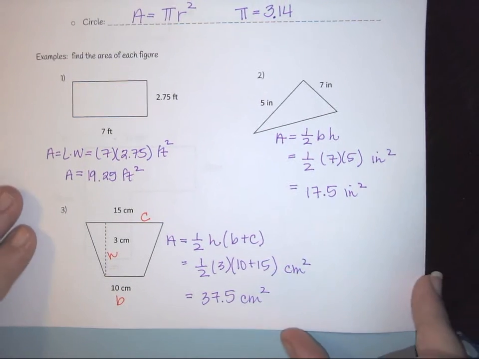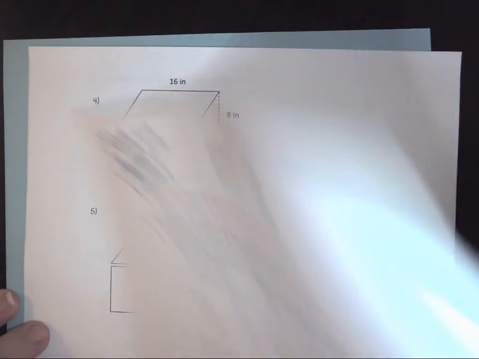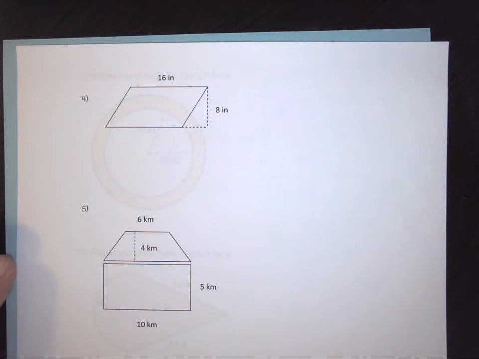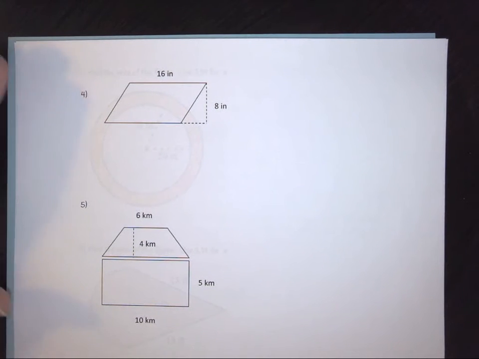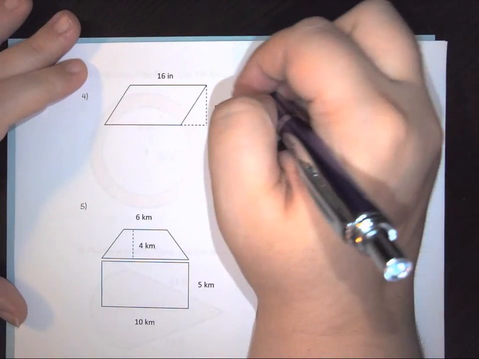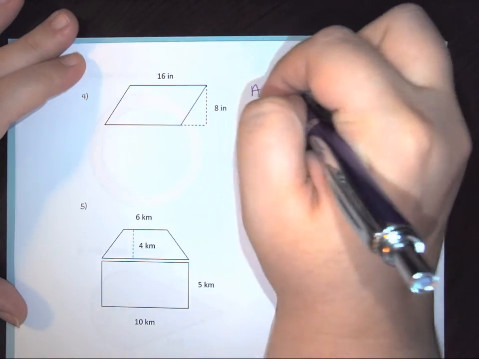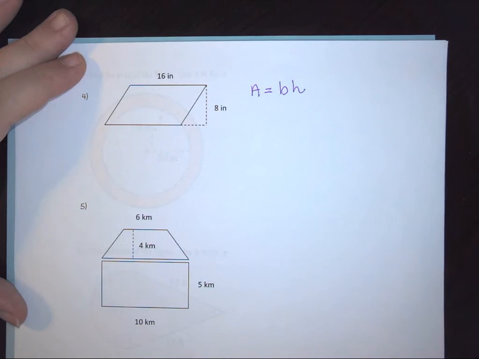Alright, let's continue. In this one, notice this one is a parallelogram, and so when we're talking about parallelograms, your area is going to be base times height. So again, let's do a little bit of labeling here.